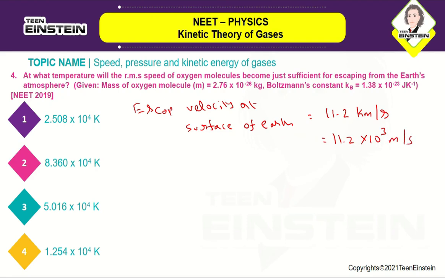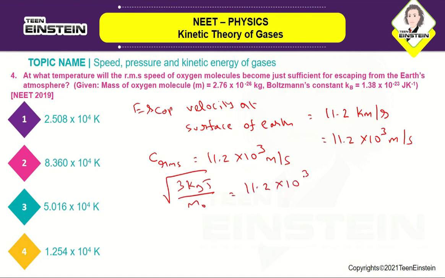So oxygen will escape when the RMS speed of its molecules is equal to the escape velocity. So C RMS is 11.2 into 10 power 3 meter per second, or it is square root of 3 kBT by M naught is equal to 11.2 into 10 power 3.